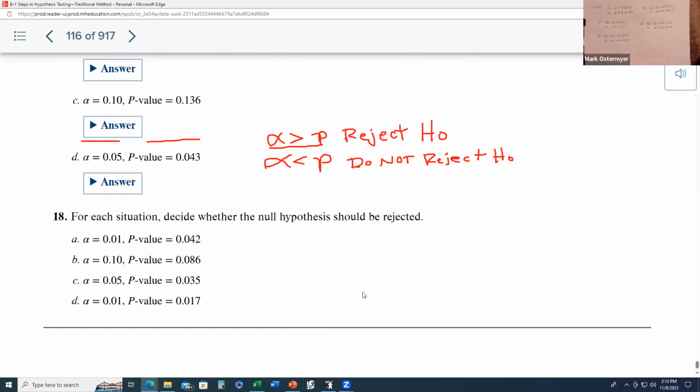All right, so ladies and gentlemen, for the last classwork, just do number 18A through D, and we'll call it quits for today, okay? Do 18A through D. Just indicate whether we can reject the null hypothesis or we do not reject the null hypothesis.